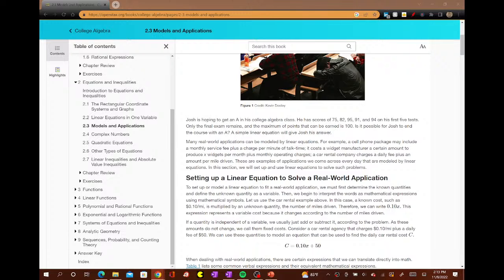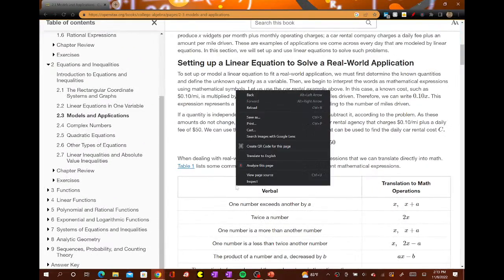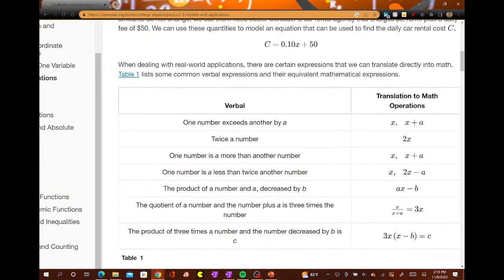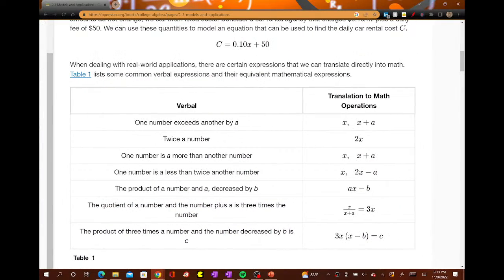The way that we're going to do this is, let's look at this really quick. It says, when dealing with real-world applications, there are certain expressions that we can translate directly into math.